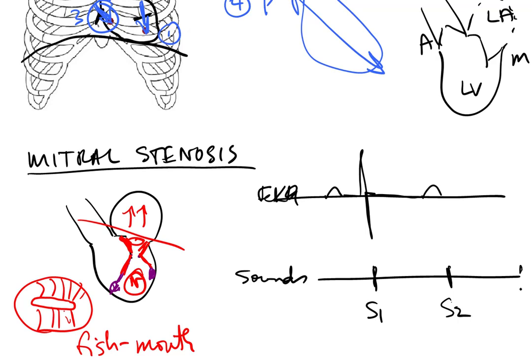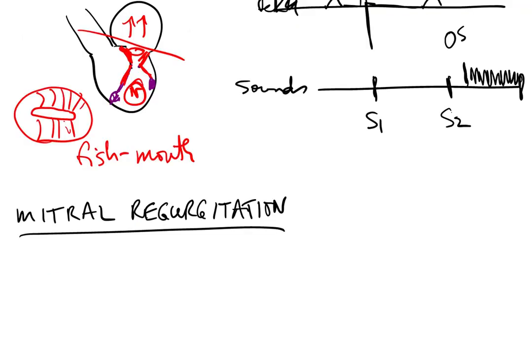So if we have mitral stenosis, we're going to see the opening snap of that thick, fibrous abnormal valve, and then we're going to see the murmur of the left atrium pushing the blood through the, quotes, fish mouth. So that's going to be a diastolic murmur.